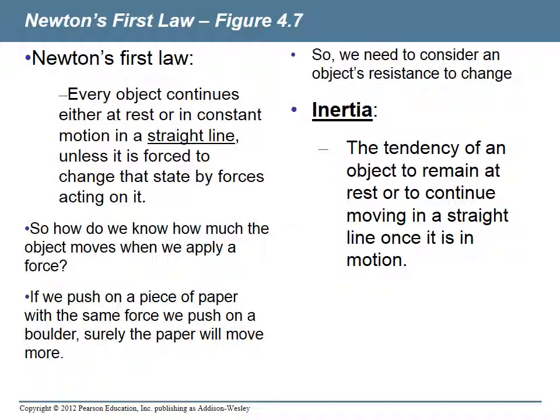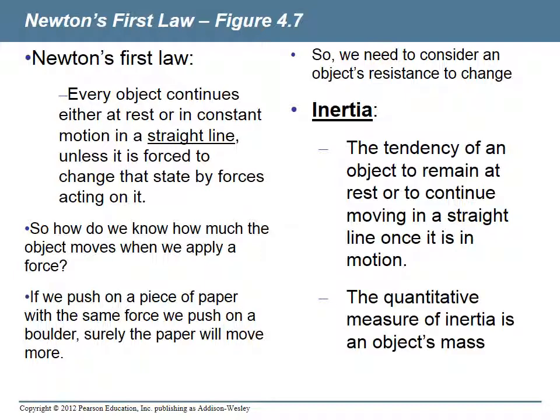So it's how much the object wants to keep doing what it was doing, right? And we've quantified this to be the object's mass. So we say a more massive object has more inertia. It takes more force to start it moving, or more force to stop it moving.